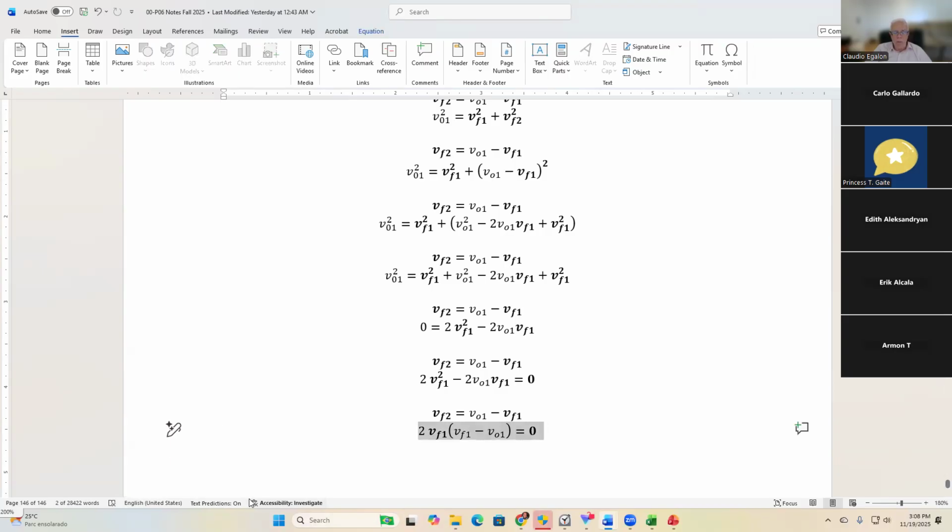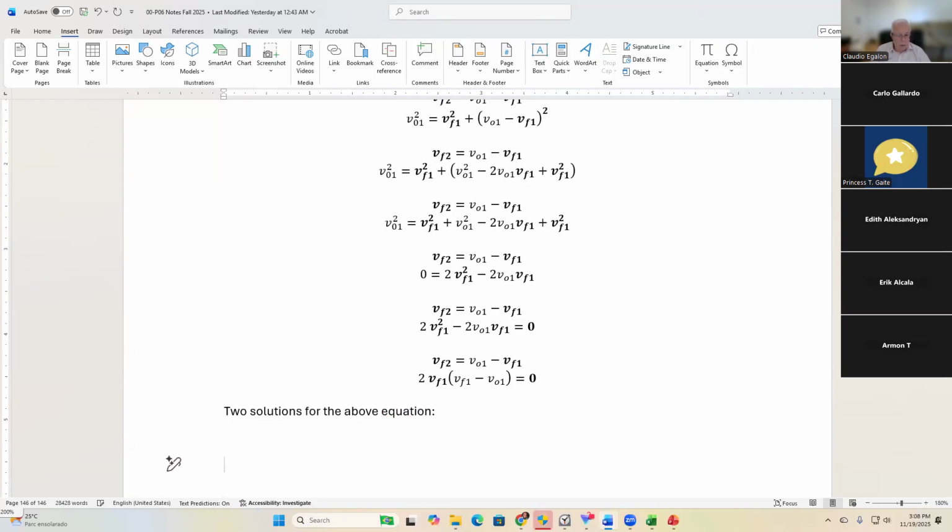In order for this equation to be equal to 0, there are going to be two possible solutions for the above equation. Then we're going to find out which one is the physical solution.